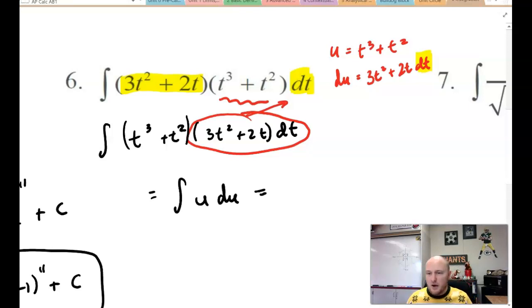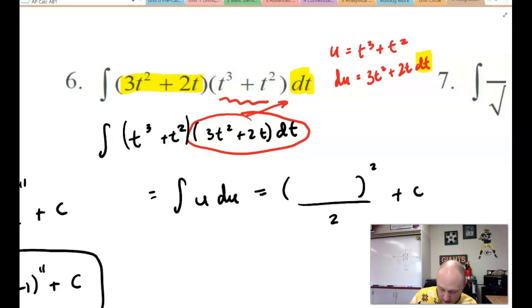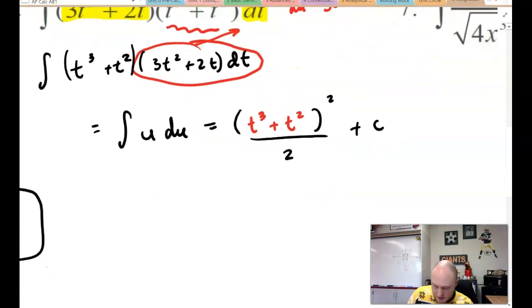Now how do I integrate using the basic power rule? Well, the power is going to raise by 1, so this becomes u squared divided by 2. But instead of u, I'm going to substitute back that t cubed plus t squared. Okay? And there's our answer.